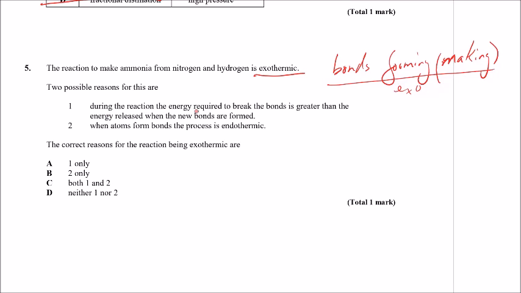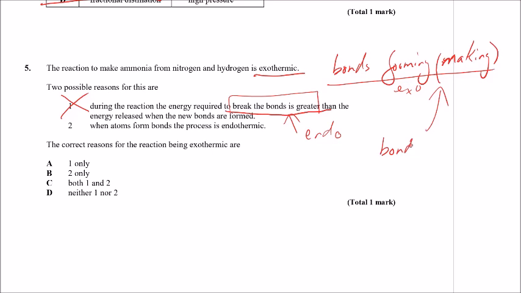Okay, but statement 1 says the opposite. It says required to break is greater. Now, breaking is an endothermic process, so if that is greater, then it would be endothermic. So statement 1 is incorrect. When atoms form bonds, the process is endothermic. Again, going back to this, bonds forming is exothermic.